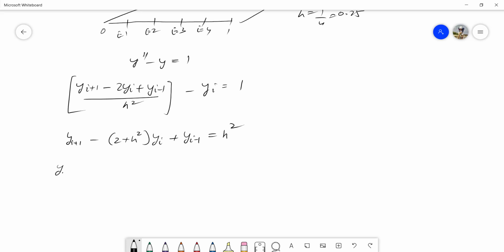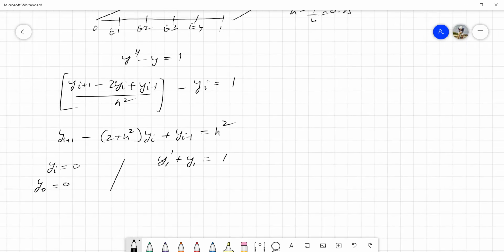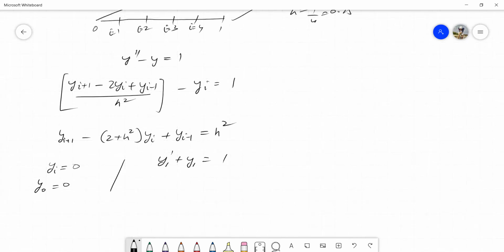The first boundary condition is y at 0 is 0. The second boundary condition was y dash at 1 plus y at 1 is 1. So y dash, first of all we calculate y dash. Let me write it over here.